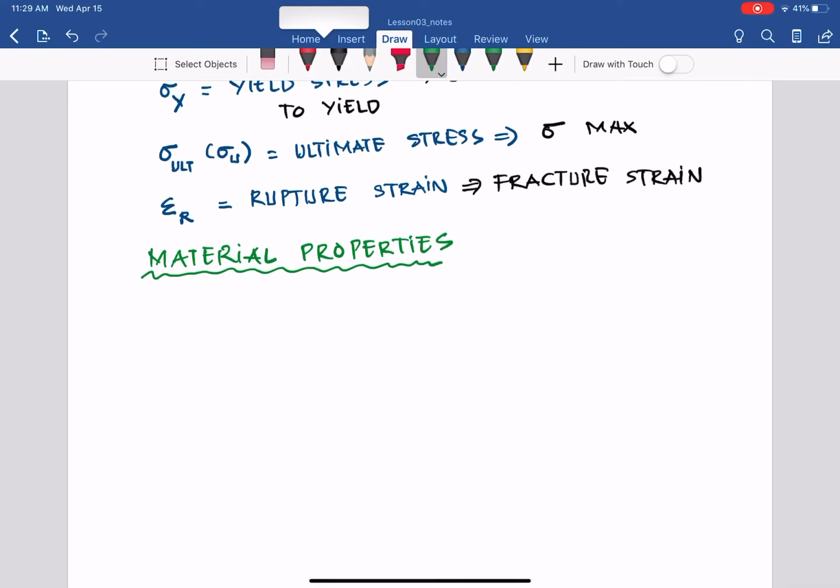First, for example, we want to know the stiffness of the material. To measure the stiffness of the material compared to another, how can we find out? We will compare the Young modulus.